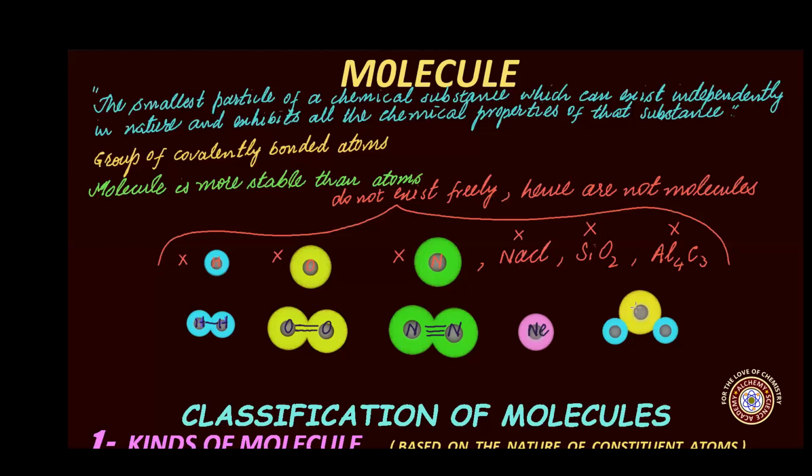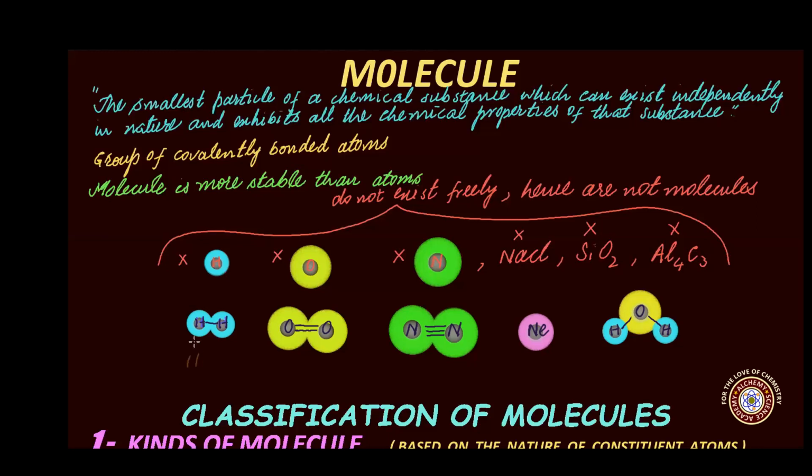In this case, the central atom is oxygen, and these are the hydrogen atoms which are bonded to it by single covalent bonds, and this group of atoms, since it can exist independently in nature, is a molecule. It is actually a water molecule.